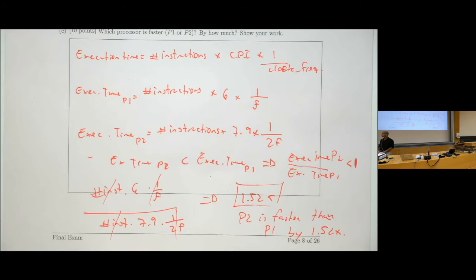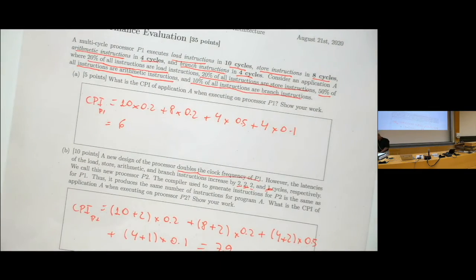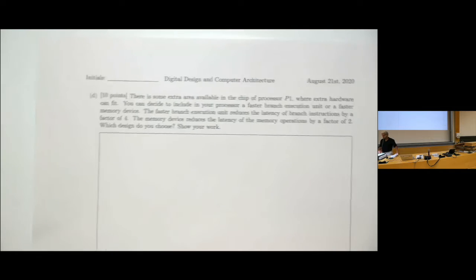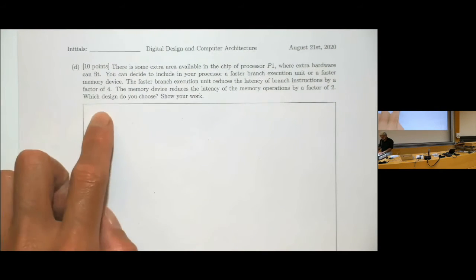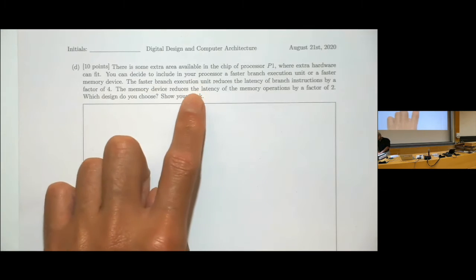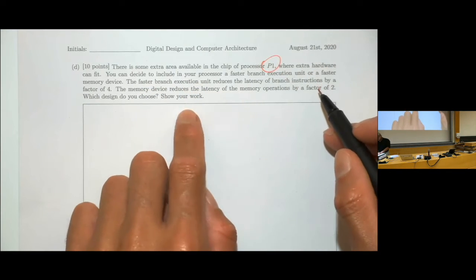Okay, is there any question here? Okay, good. So the last part of the question, this one. Hopefully you can see it. So there is some extra area in the chip of processor P1 where extra hardware can fit.